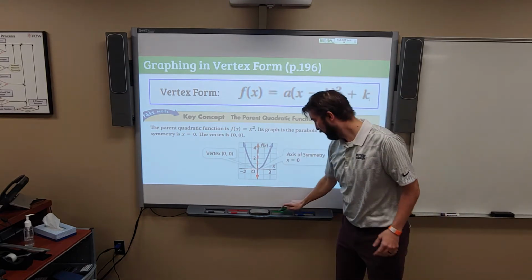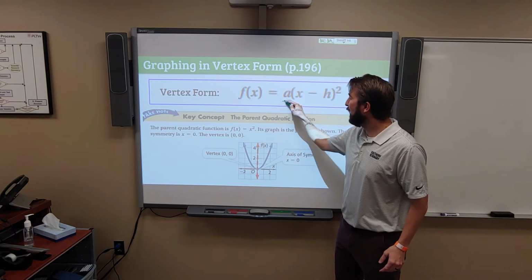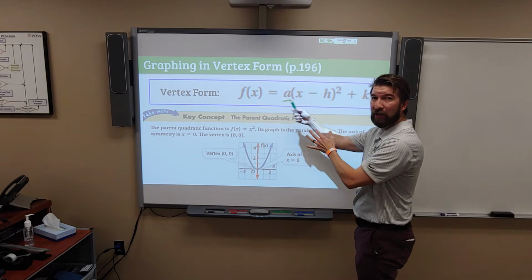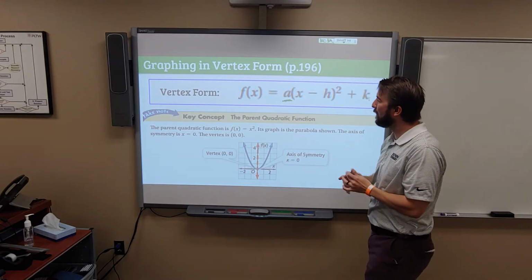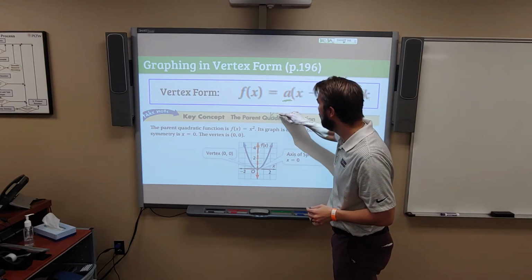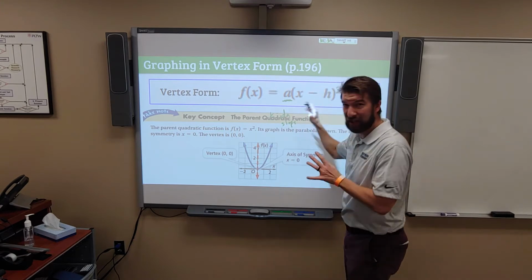A, I'll make that green. The A is outside of the parentheses on the left. I like to look at these from left to right, and the A is what I like to call the kind of slope. It's not really a slope.